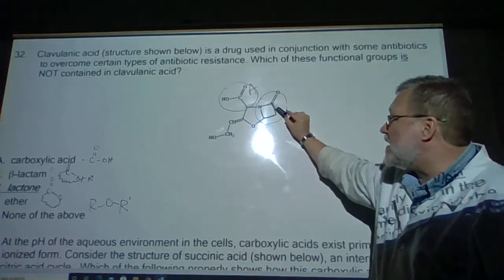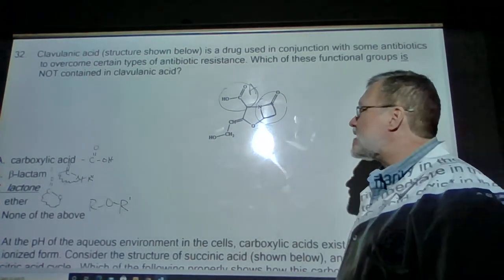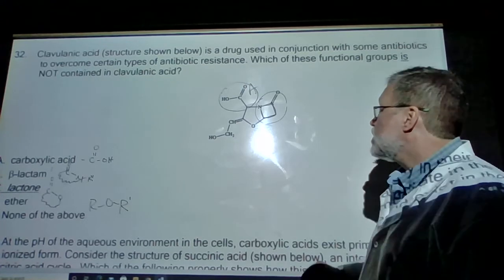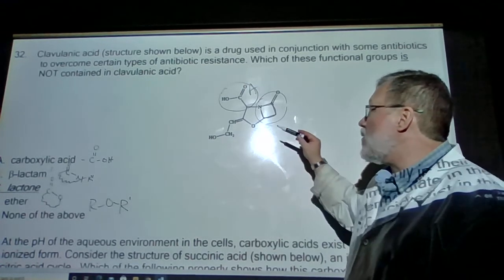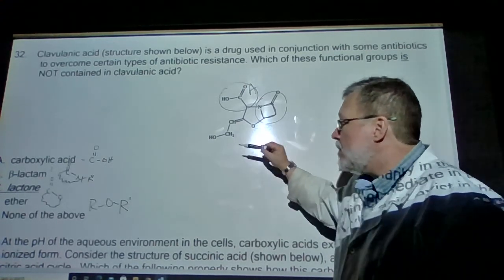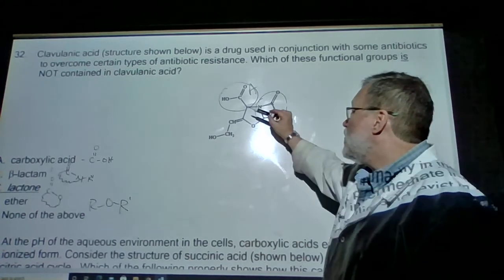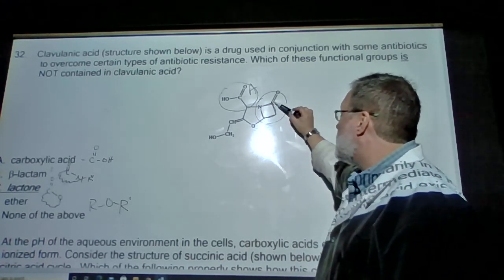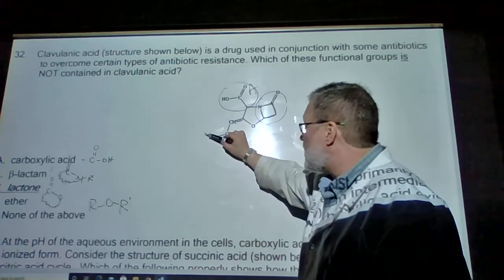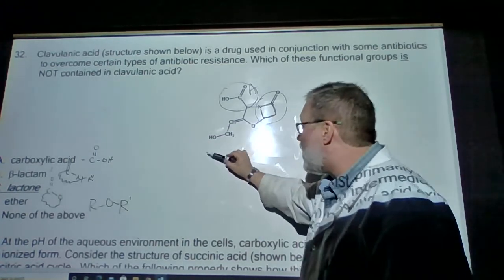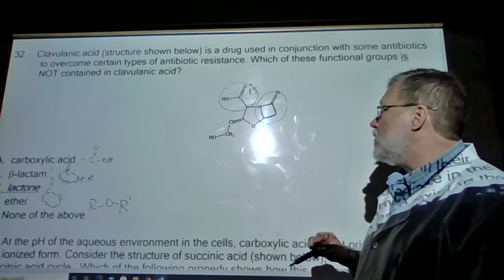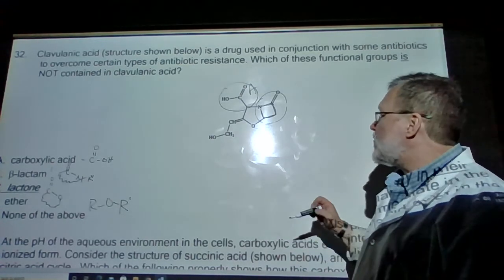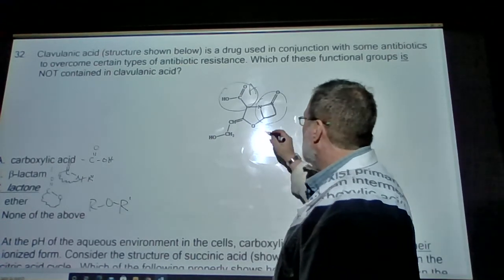That's your beta-lactam. Does this have a lactone? Do we have a C double bond O bonded to an oxygen? Well, this C double bond O is bonded to a carbon. That C double bond O is bonded to a carbon or a nitrogen. Do we have a C double bond O anywhere else in the molecule? No. Do we have an ether? Yes, we do.